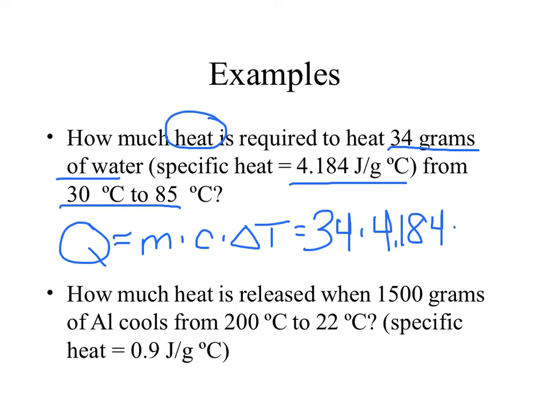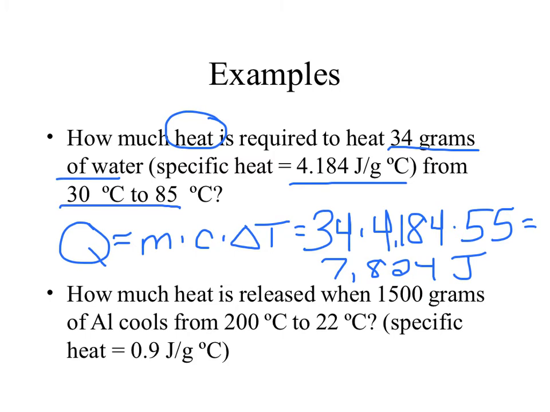And our temperature change: we finish at 85, we started at 30. 85 minus 30 is 55 degrees. Let's take a minute and work that out. 34 times 4.184 times 55 equals 7,824 joules. Joules is our unit of energy.